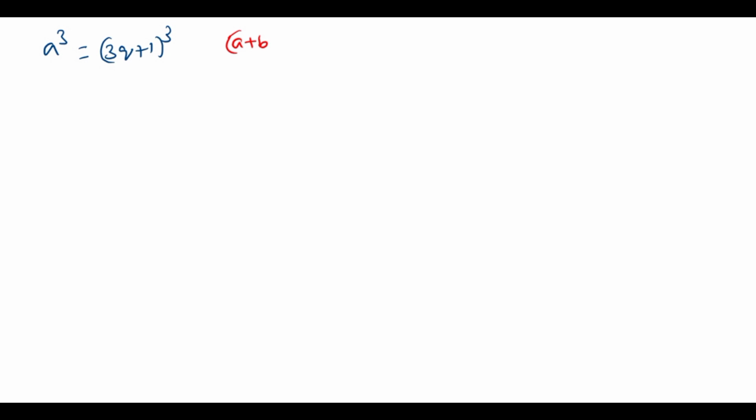So a plus b whole cube equal to a cube plus 3a square b plus 3ab square plus b cube.